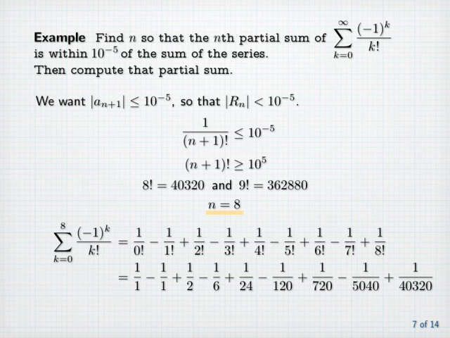If we do the arithmetic exactly, we get the reduced fraction 2,119 divided by 5,760, which is approximately 0.367882, a number that is guaranteed to be within 10 to the minus 5 of the exact sum of the series.